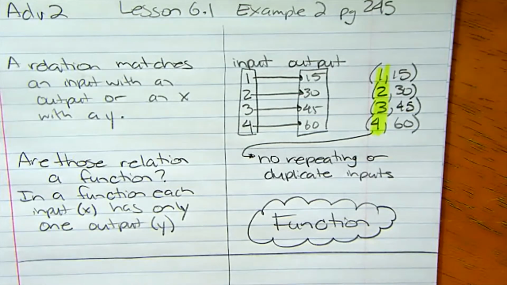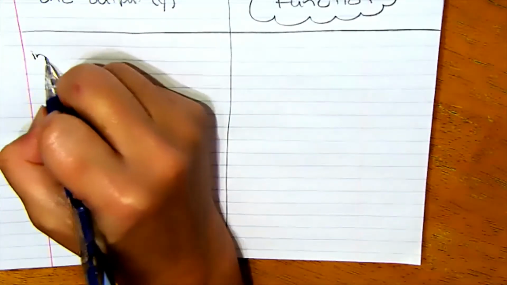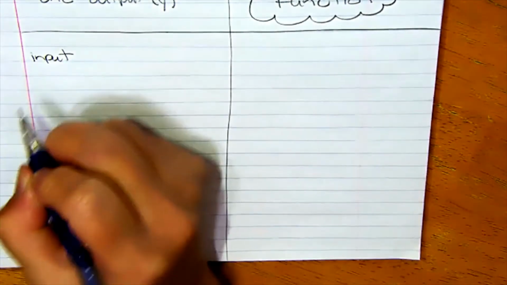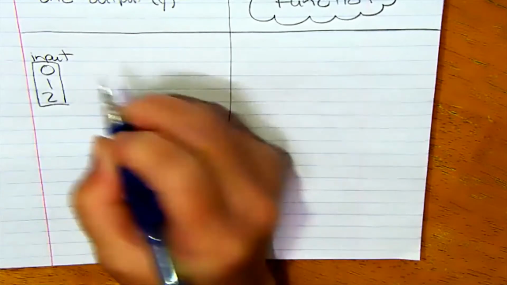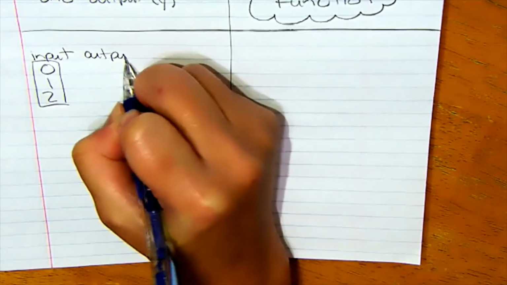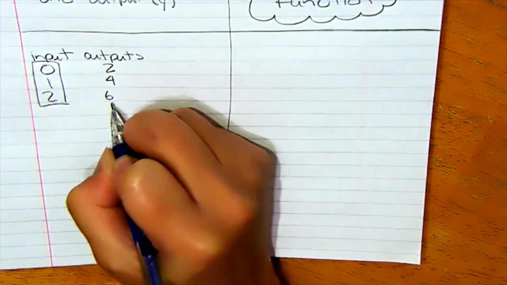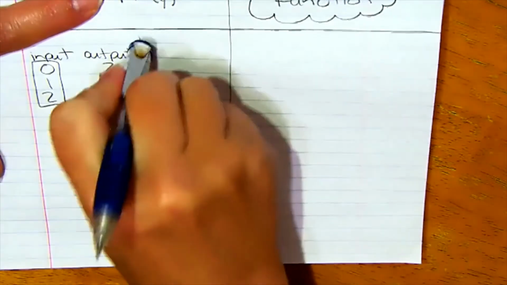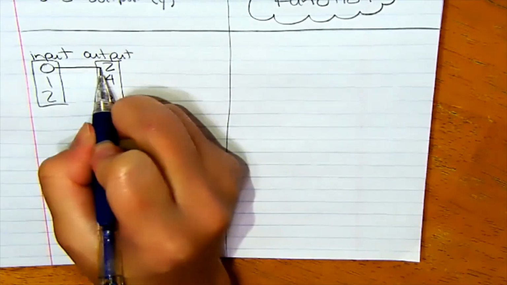Okay. Well, what does it look like when it's not a function? Let's check that out. So we have inputs 0, 1, and 2. And we have outputs 2, 4, 6, and 7.